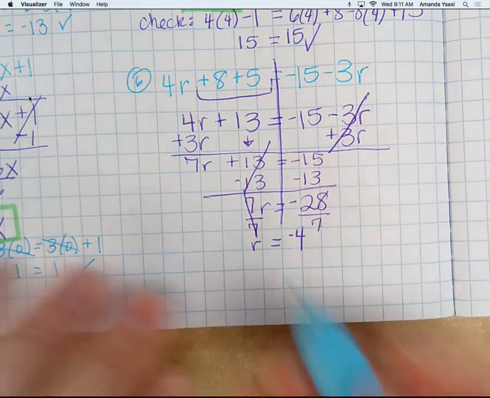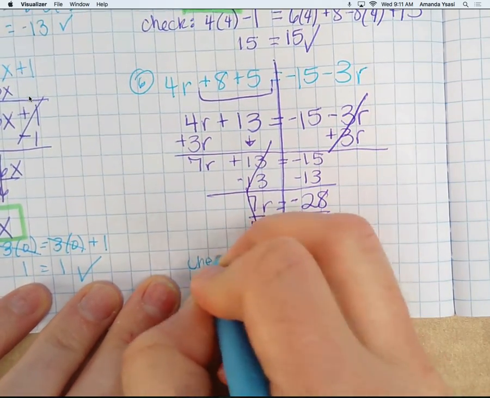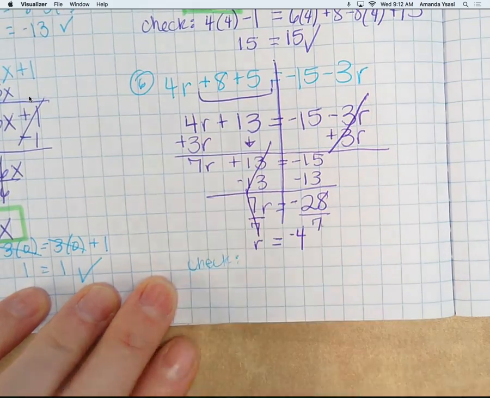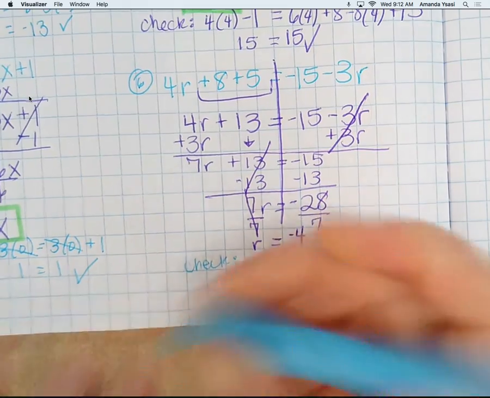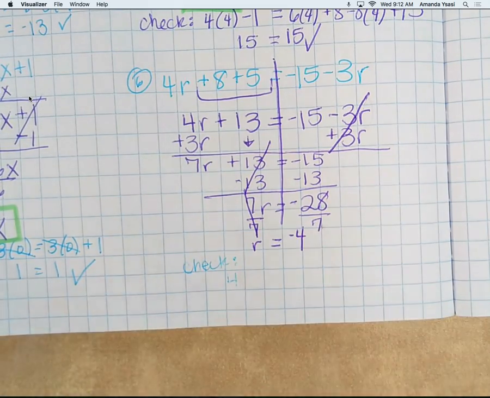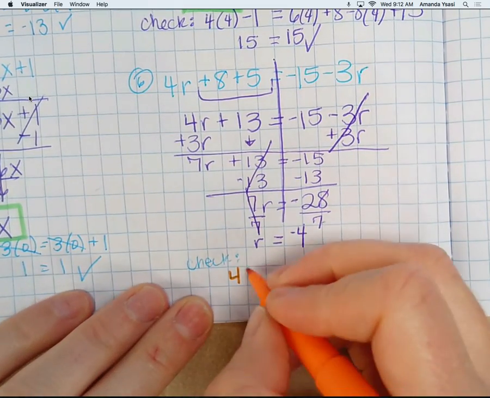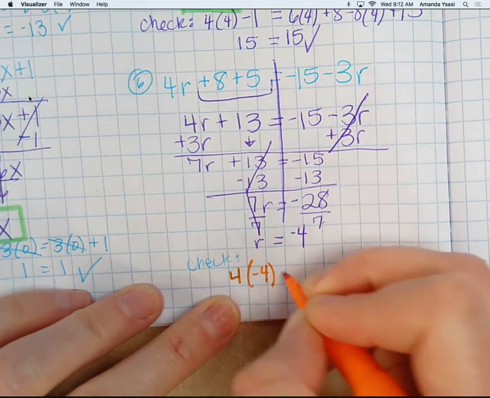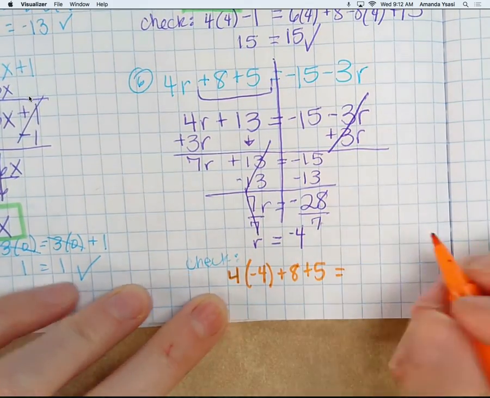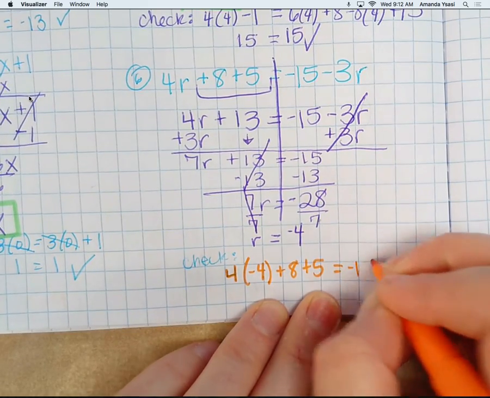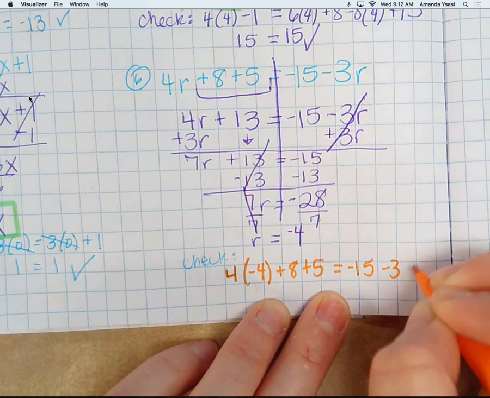Only thing left to do is check our work. My pen is running out. So we do 4. Do it with a different pen. 4 times negative 4 plus 8 plus 5 equals negative 15 minus 3 times the negative 4.